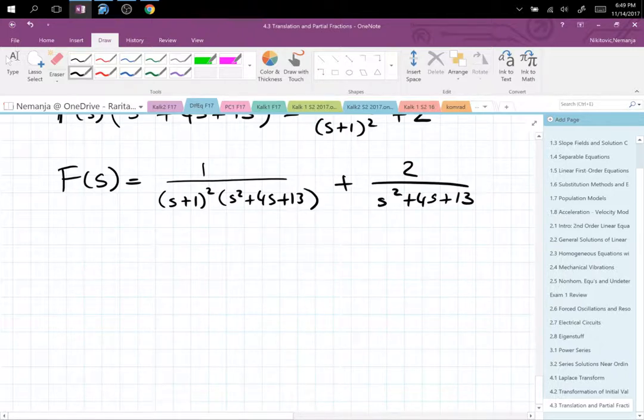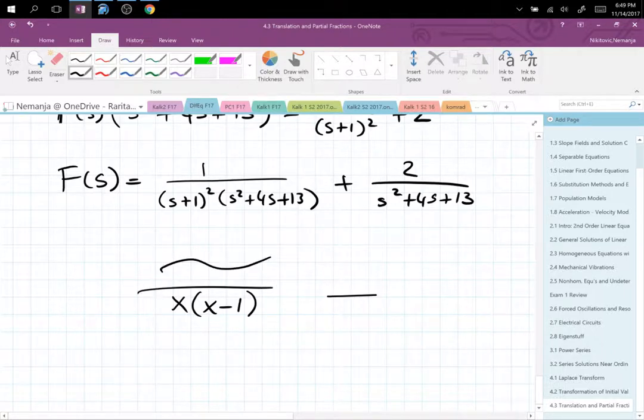No, you have to have multiple of these together in order for partial fraction to work. Partial fraction decomposition can be done if you have x plus 1, x minus 1. You can do partial fraction when you have x minus 1, x squared plus 1. You can do partial fraction, no problem.